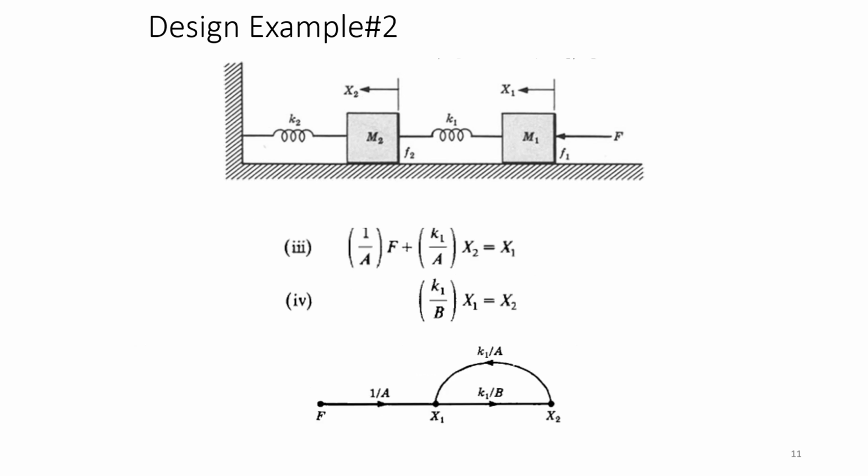Now one equation is 1 by a f plus k1 by a into x2 is equal to x1. So first input node, input is always f, so that is taken as the input node. The last displacement is x2, that is taken as your output. So from f to x1, f is getting multiplied by 1 by a, that is taken as the gain, and you have x2 here.